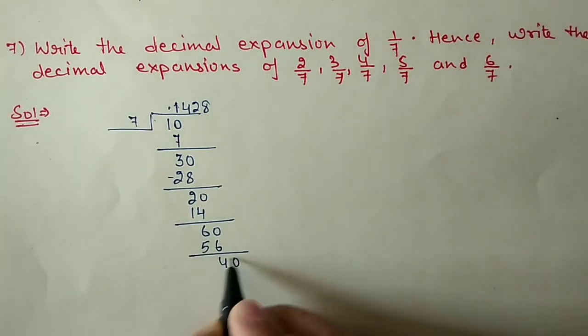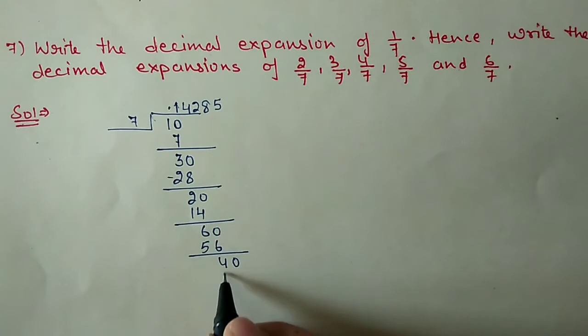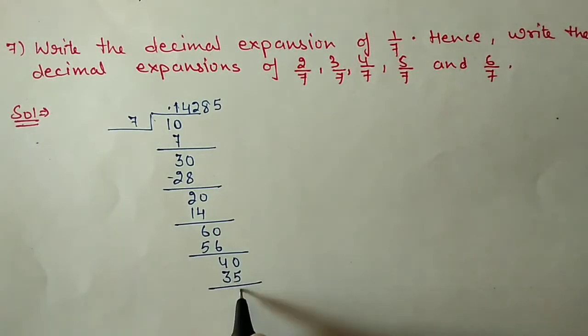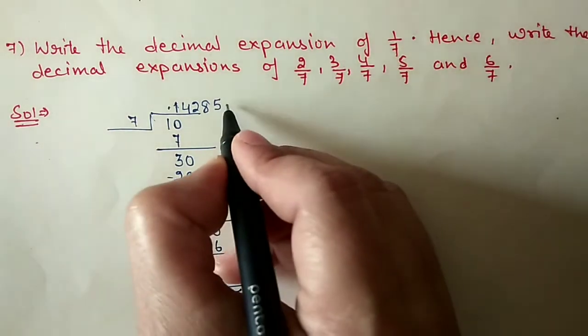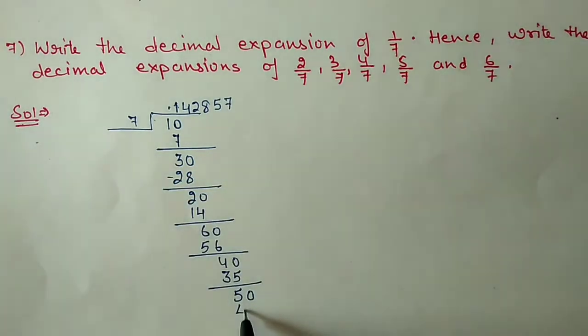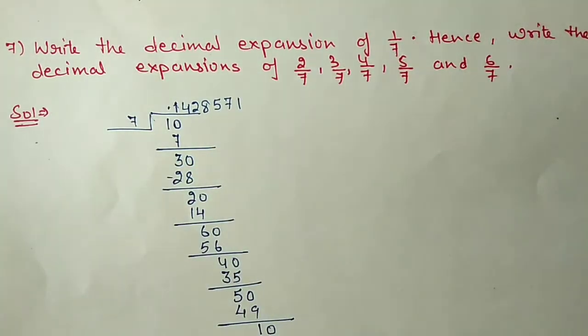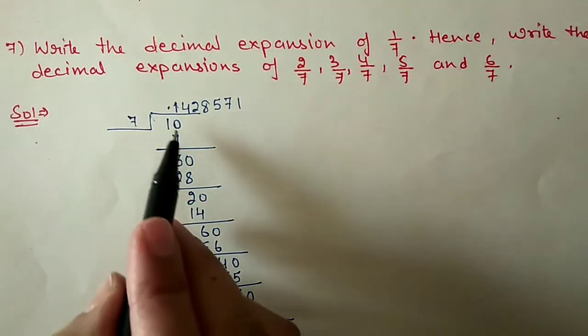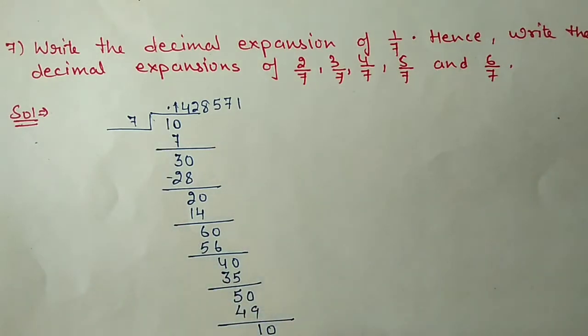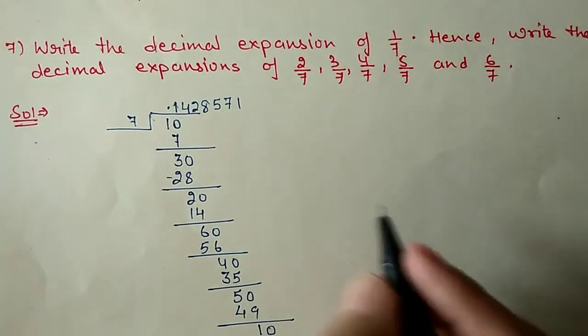Then 4, 1 more 0, 7 5 35. Then again 1 more 0, 7 7 ja 49. Then 1 more 0, 7 1 ja 7. So you can see again we got here 1. We started from 1 and then again we got 1. It means the same thing will repeat.